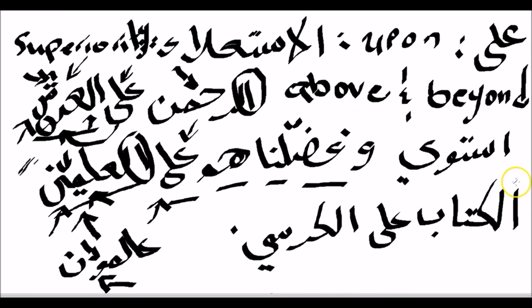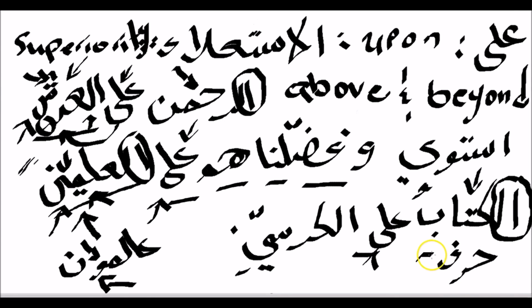The example, مثالنا الكتاب على الكرسي. الكتاب, the word kitab is preceded by al, so you know that kitab is an ism. على is حرف خفض. على ال, alif and lam again.